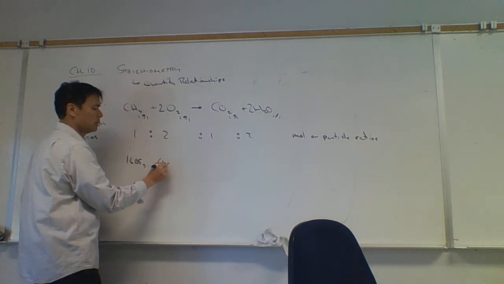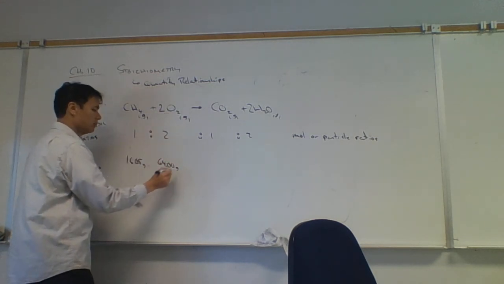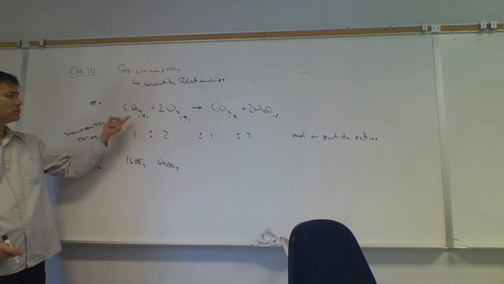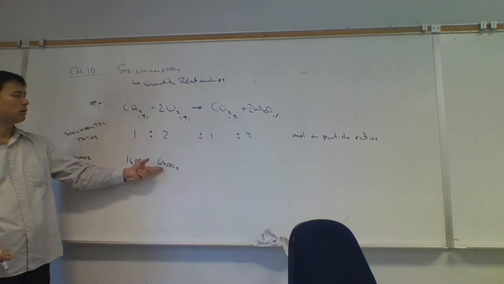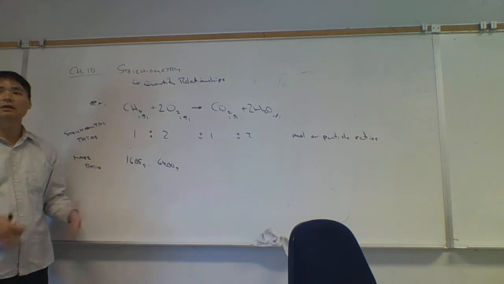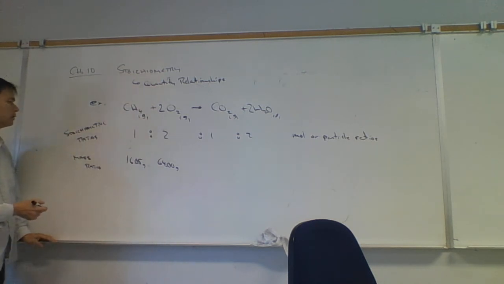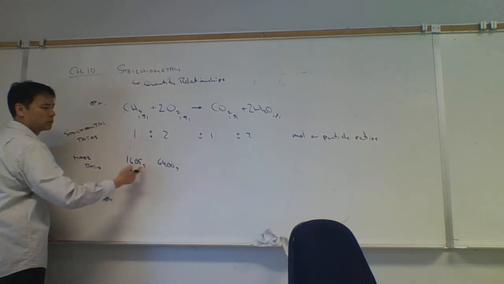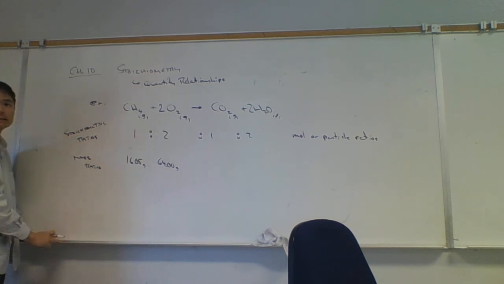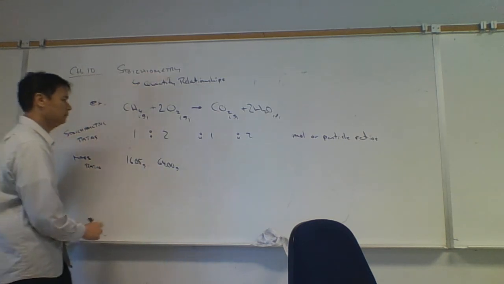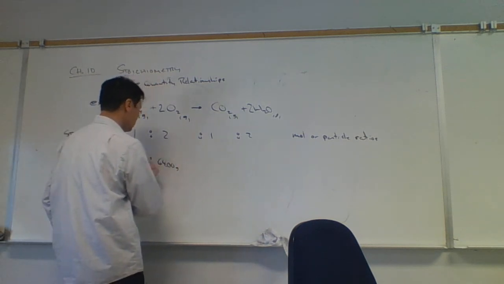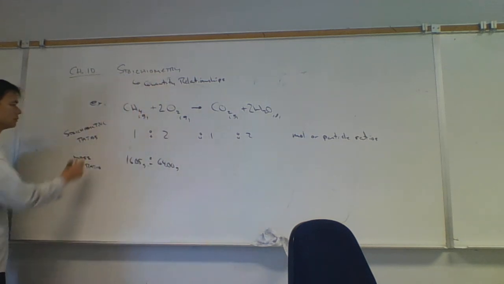So it's going to be 64.00. If I take 16.05 grams of methane and 64.00 grams of oxygen, then I have what's called a stoichiometric ratio. This is also a stoichiometric ratio, but in terms of mass. Stoichiometric means just the right amount.